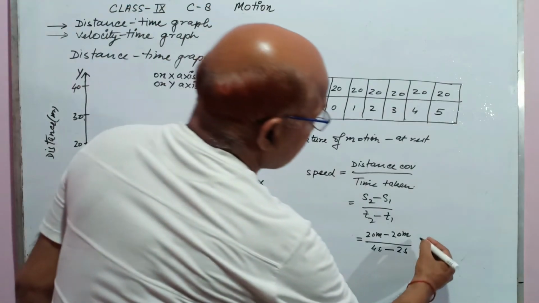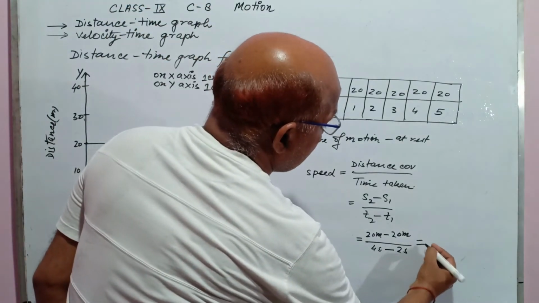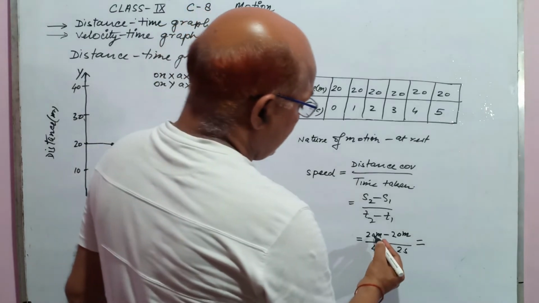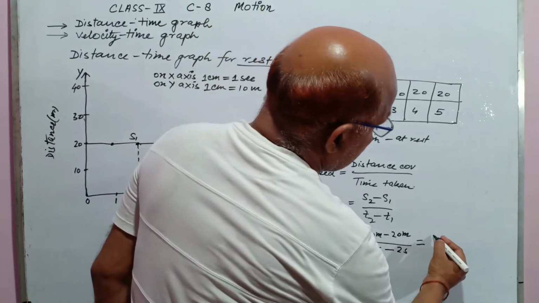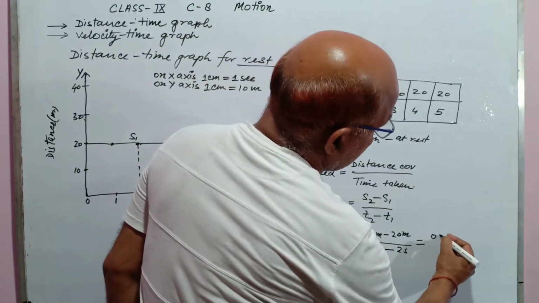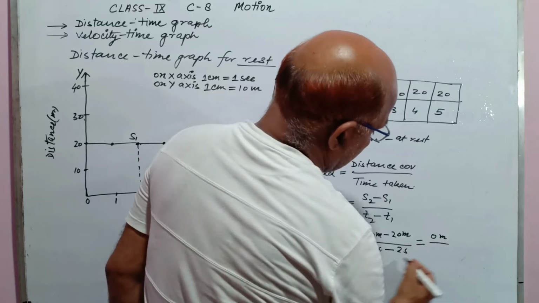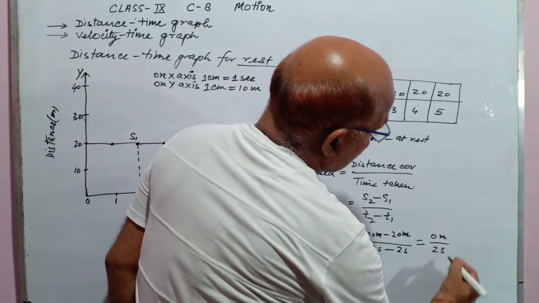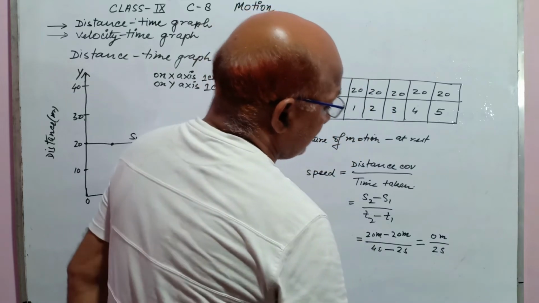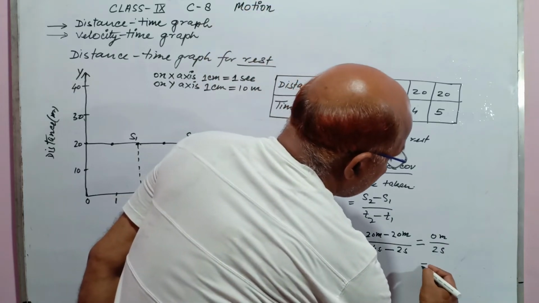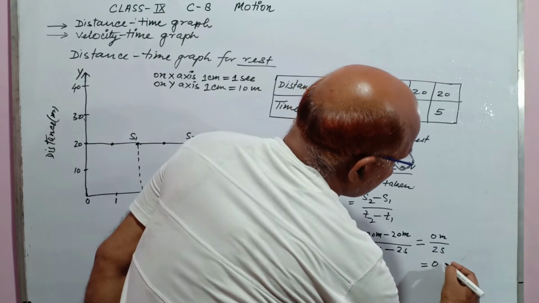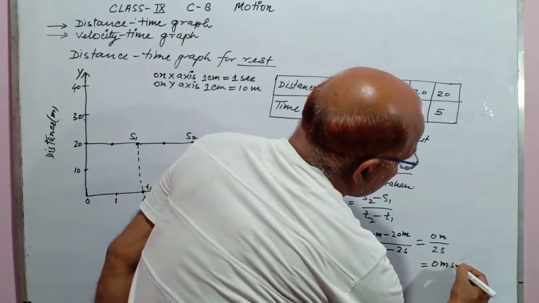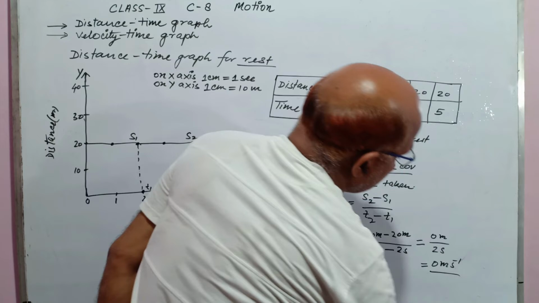So now this is 20 meter minus 20 meter, this is 0 meter, upon 4 second minus 2 second, this is 2 second. So this is 0 meter per second.